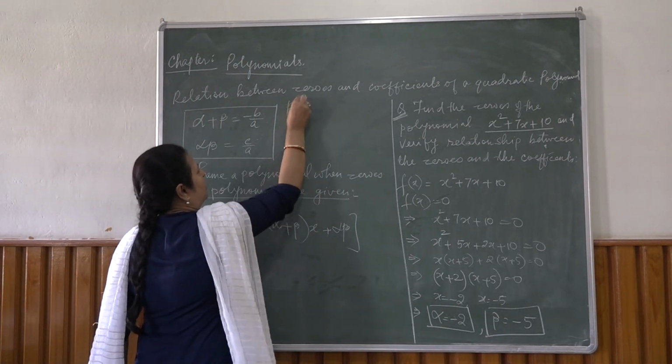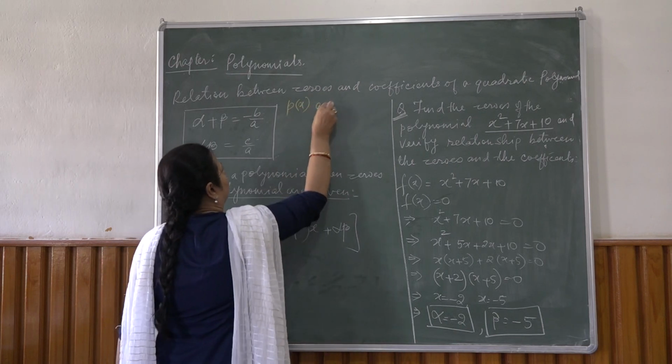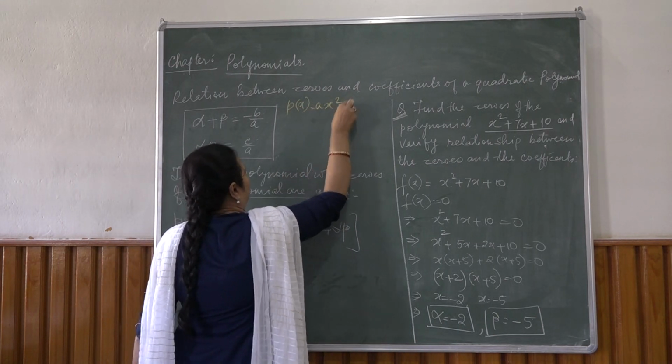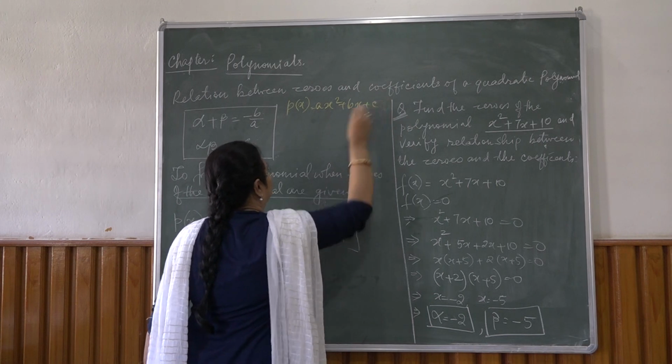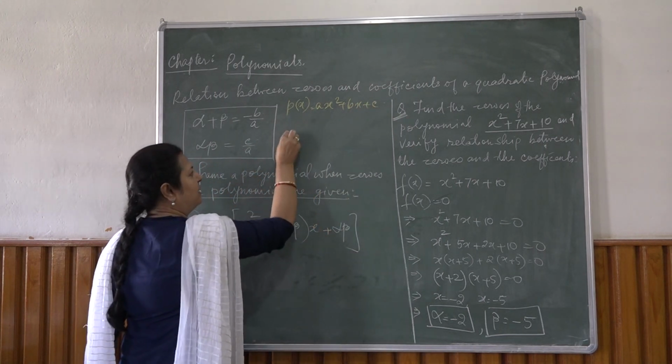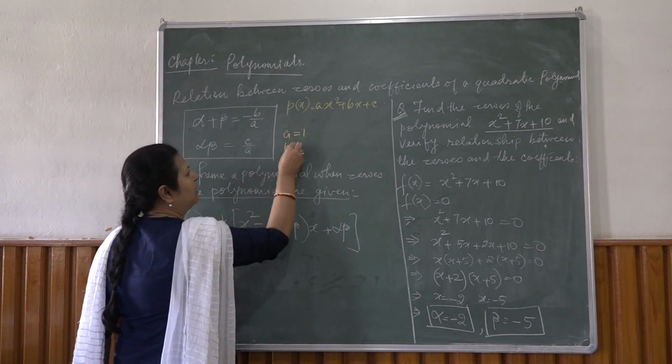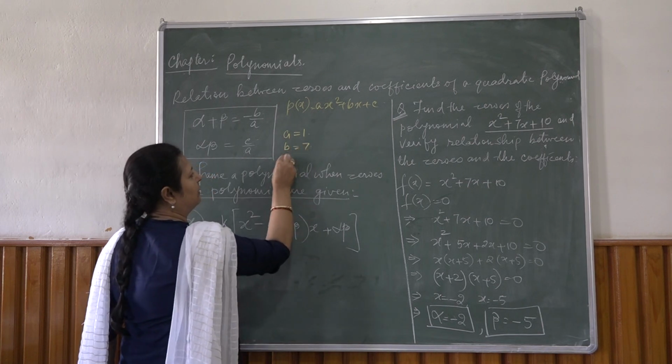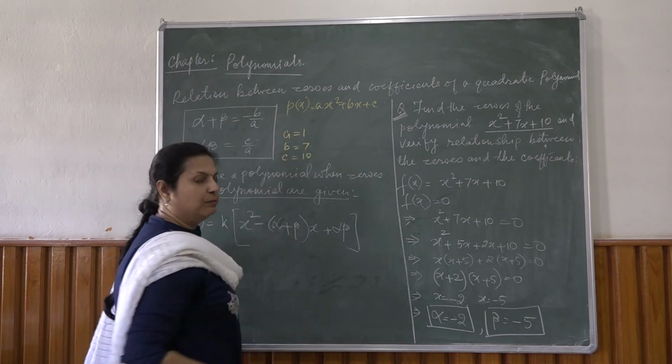Comparing it with our general form of the quadratic polynomial, ax square plus bx plus c, we see that a is equal to 1, b is equal to 7, and c is equal to 10.